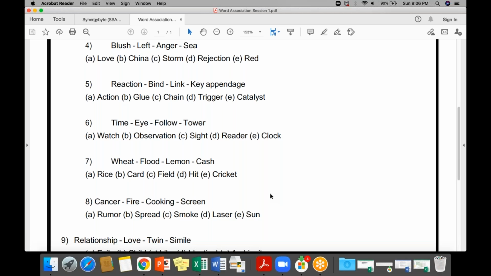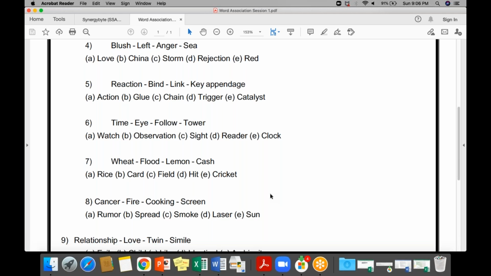Cancer, fire, cooking, screen. Rumor definitely cannot go. Spread cannot go.